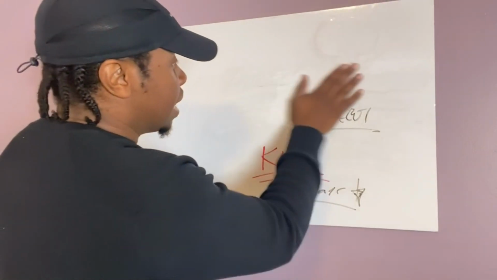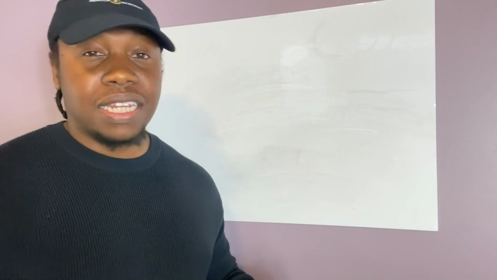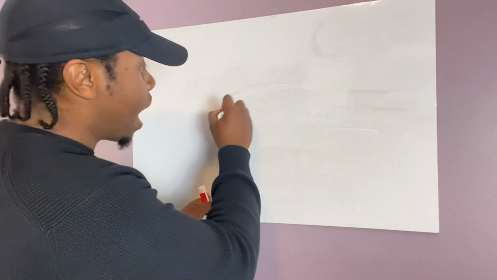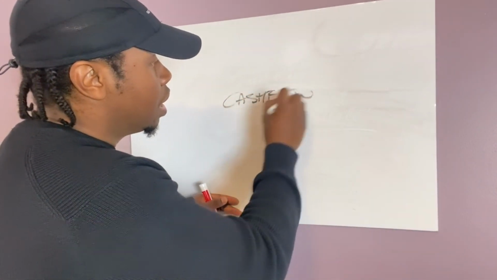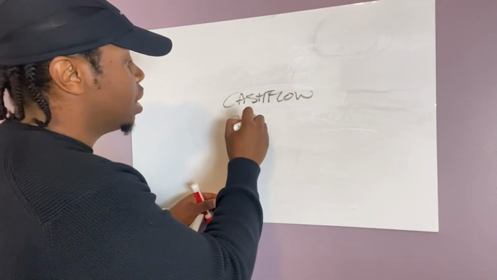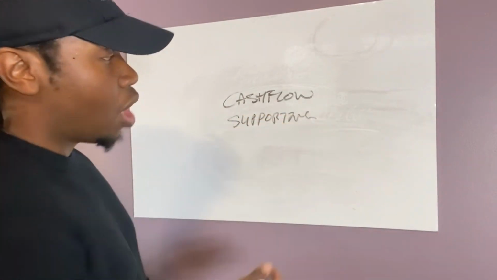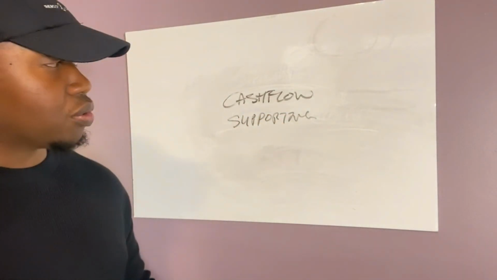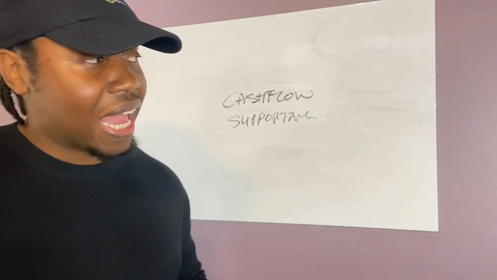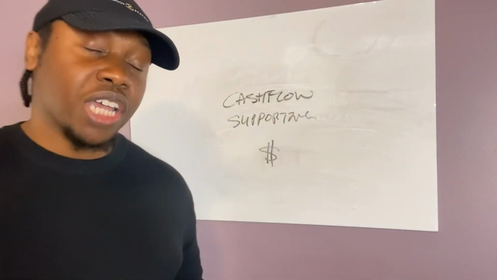At the end of the day, every brand, every business needs to be aware during their sales cycle, whether it takes you 90 days or 6 months, or it might take you a year or 2 years or even 30 days to get a customer, you need to be aware of your cash flow during that time, because they may not buy right away, and you need to be aware that you can produce supporting documents, supporting material to build know, like, trust, and have that cycle come down a little bit more, which will benefit your business and benefit your brand, and definitely in the end help you generate more sales.